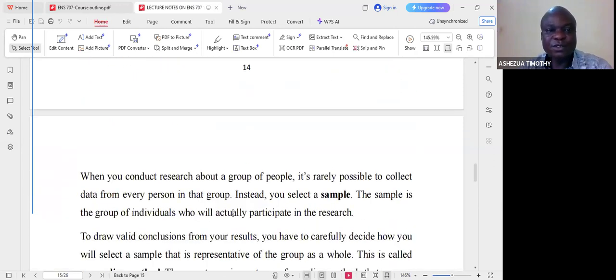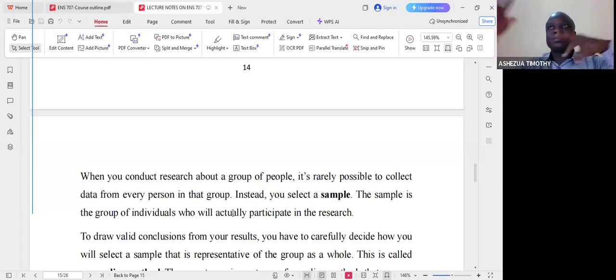So sampling method. When you conduct research about a group of people, it is rarely possible to collect data from every person in that group. Instead, you select a sample. When you want to conduct a research for the entire Benue State, it's not possible.